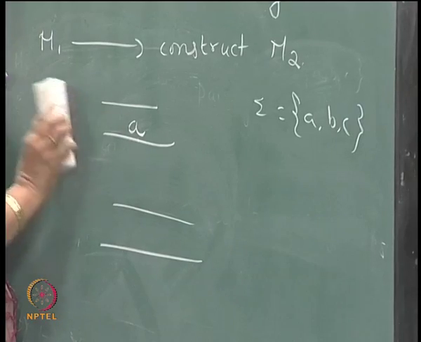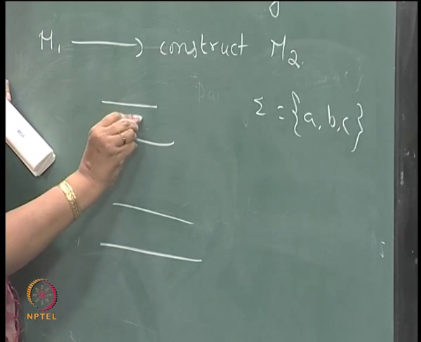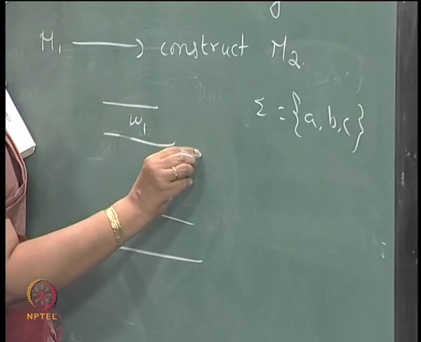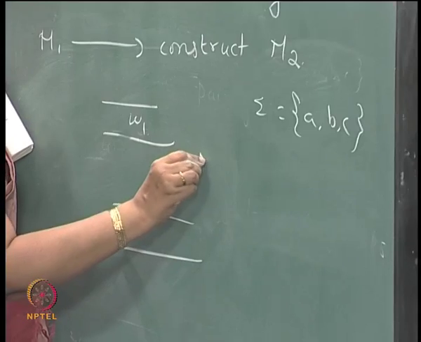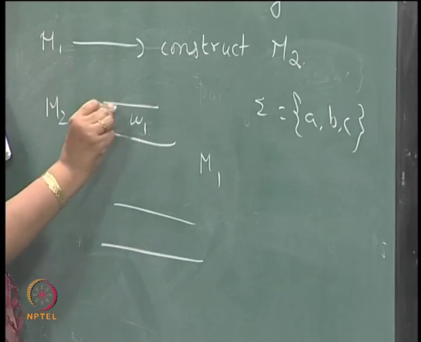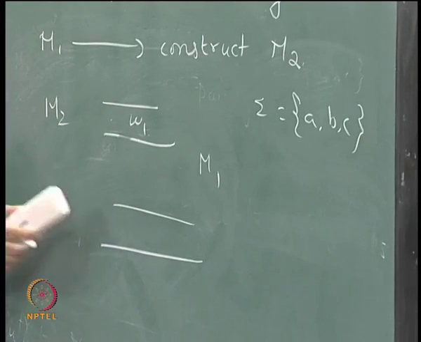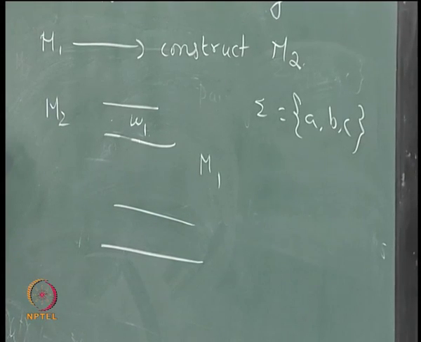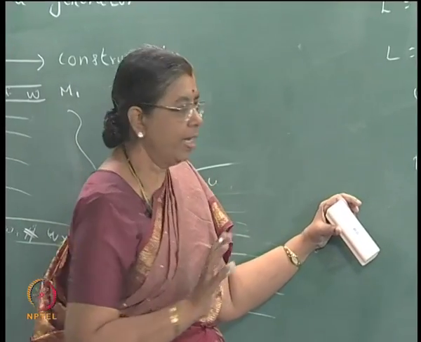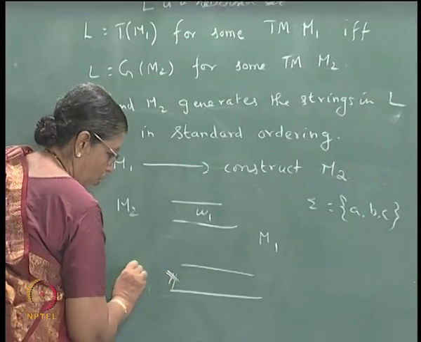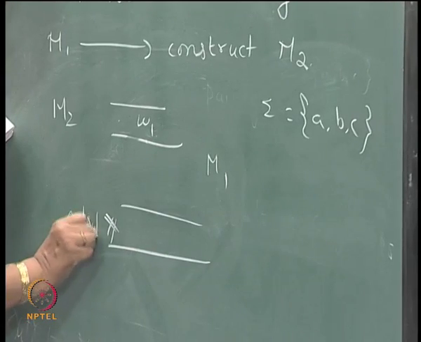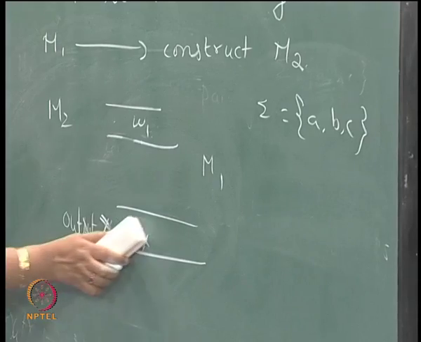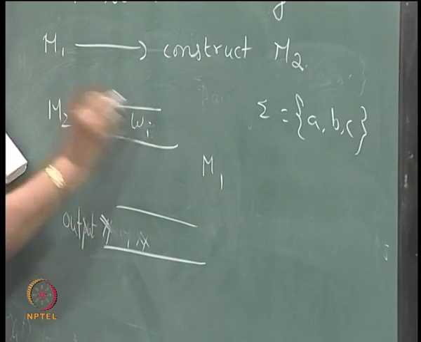Each string will be taken. First W1 will be taken, and W1 is A of course. M2 will write the first one on the input and then simulate M1. M1 will always halt, either it will accept or reject. When it halts, if it accepts, in the output tape you print W1. If it halts but does not accept, leave it, go to the next one.